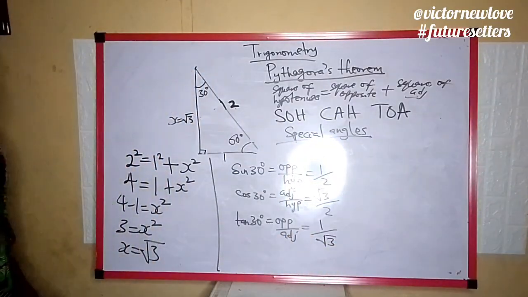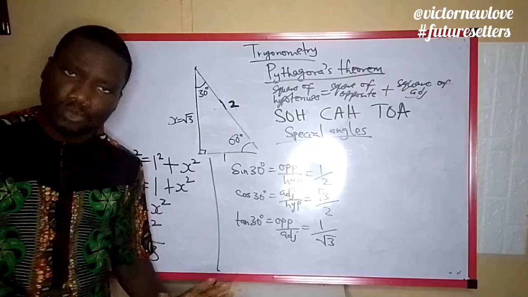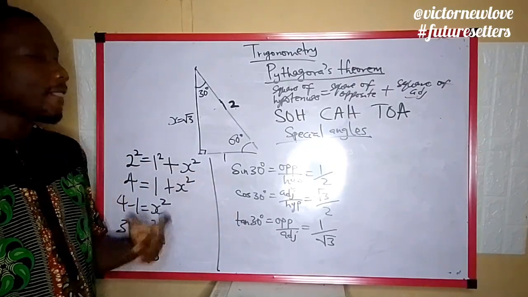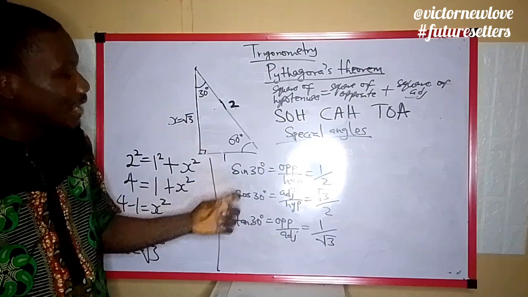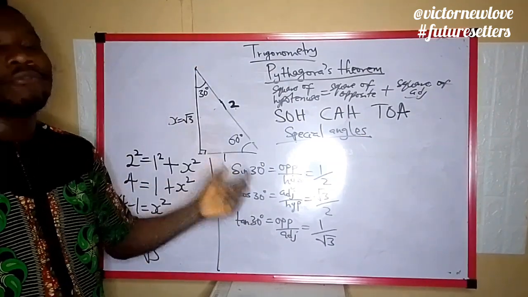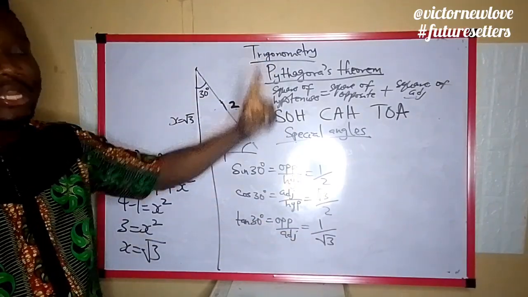If you remember very well, we've made a video on a very great topic known as SOD, and under SOD, I talked about rationalization. I said you cannot have any root under. You have to rationalize it in a way that this root 3 is no longer appearing there.